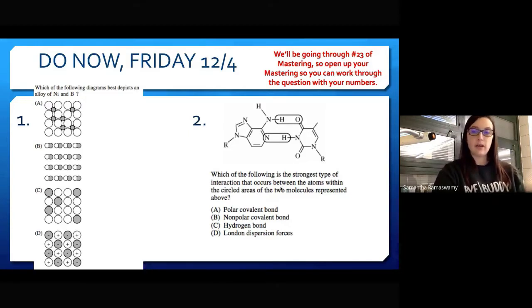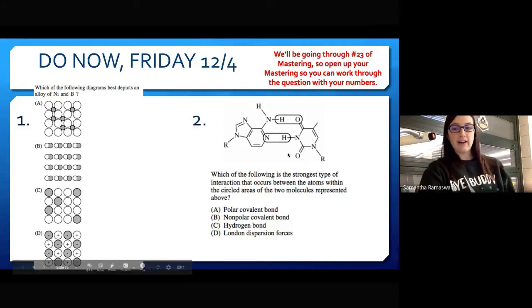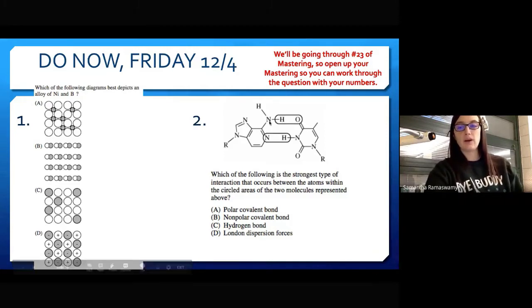In order for it to be a bond, like this is a bond, right? There's no bond in these circles, so it's an intermolecular force. Then we're between C and D. Remember, for it to be a hydrogen bond, the hydrogen needs to be covalently bonded to N, O, or F. This hydrogen is covalently bonded to N, O, or F, and the H is attracted to an O. So this is a hydrogen bond.